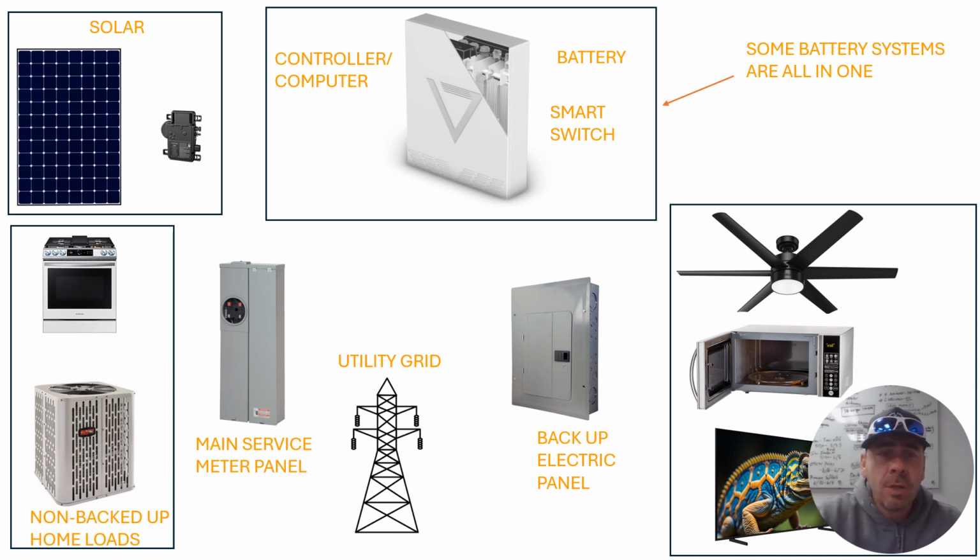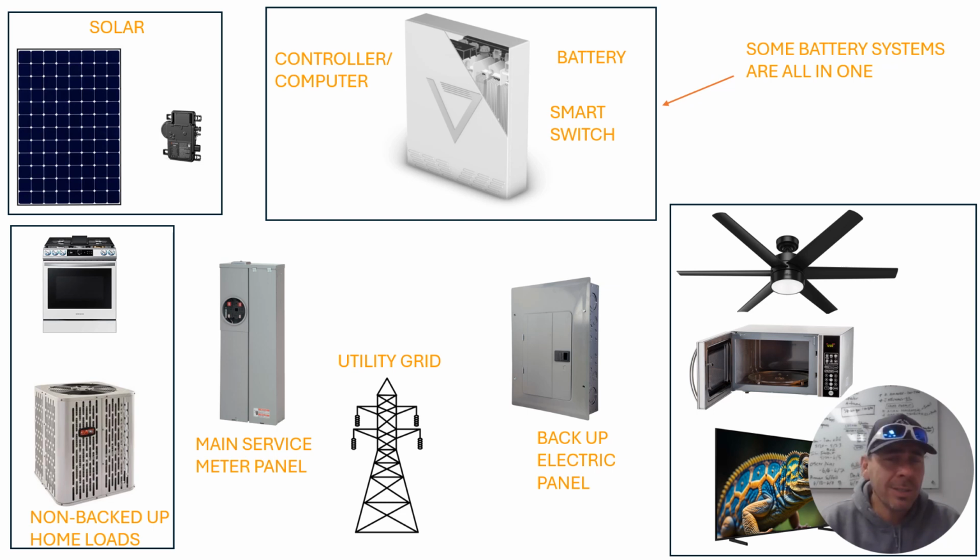And then you have some non-backup loads, which is advisable to have if you have some loads that aren't backed up by the battery system, and those are typically going to be appliances that have a huge amount of power draw and would really just deplete your battery very fast if always in constant use.